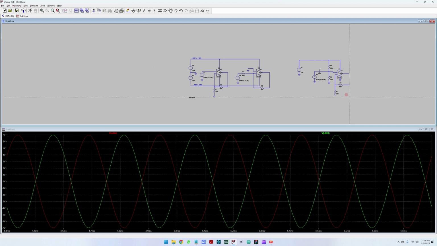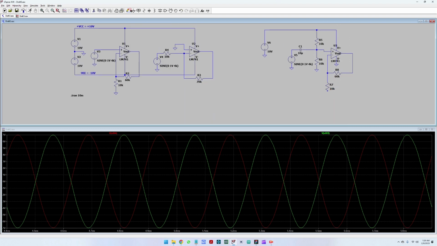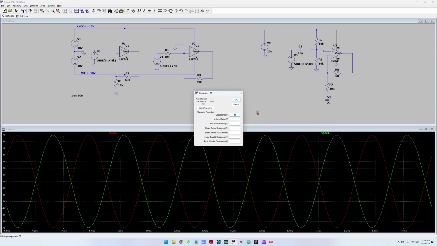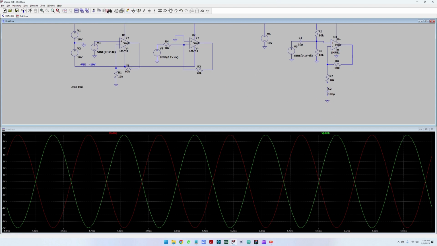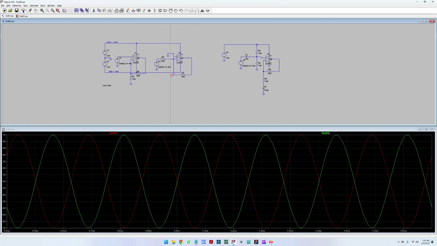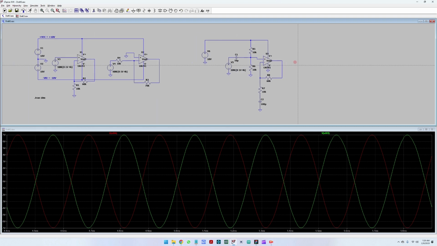So in order to create this correct voltage level here, we are going to use a quite large capacitor, a 100 microfarad capacitor. Ideally, this would be ceramic if you want to build the actual circuit, and connect everything together.